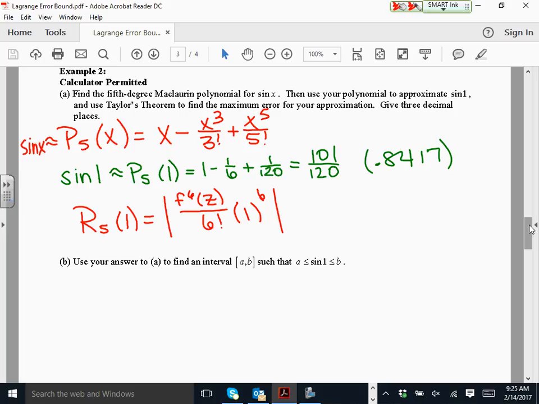Now, let's think about the 6th derivative. What would our 6th derivative be? Negative sine x. And what is the maximum that's ever going to be? 1. So our remainder is going to be less than or equal to 1 over 6 factorial times 1.